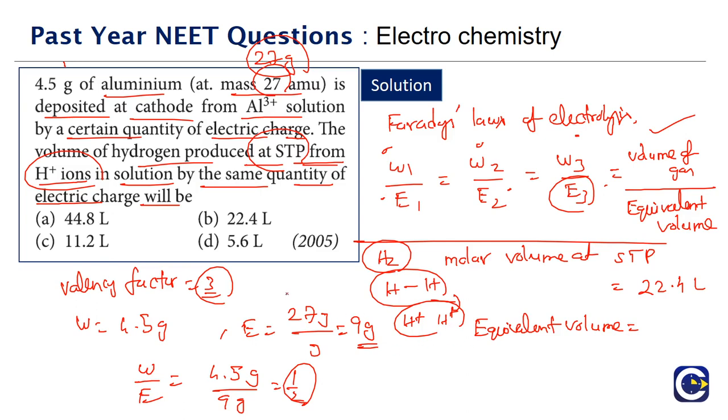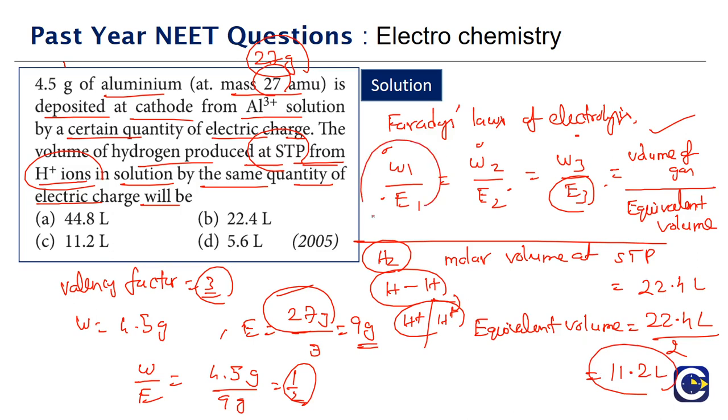For atoms, it will be the atomic weight divided by the valency factor. So in case of aluminum, atomic weight is 27 and the valency factor is 3. In case of gases, the equivalent volume has a similar formula: the molar volume, which is 22.4 liters, divided by the valency factor. Here 2 H+ ions are exchanging 2 units of charge, so the valency factor is 2. So the equivalent volume will be 11.2 liters.